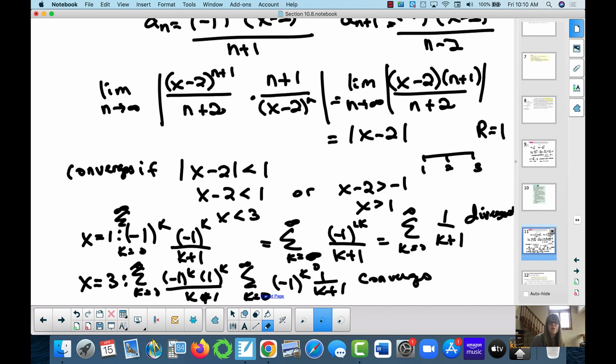And so it converges at 3. So our interval of convergence includes 3 this time, does not include 1. So we write 3 with a bracket and 1 with a parenthesis.